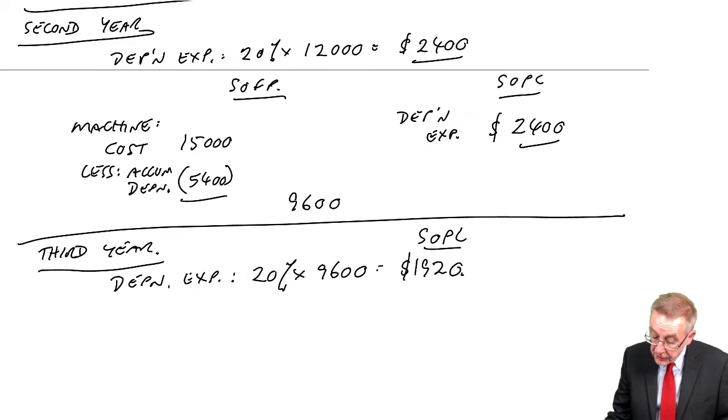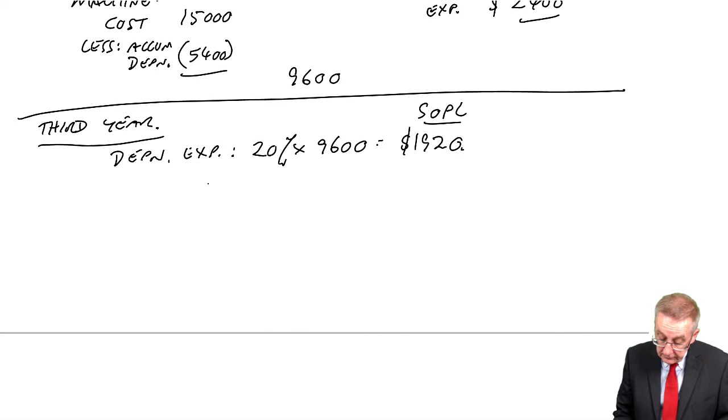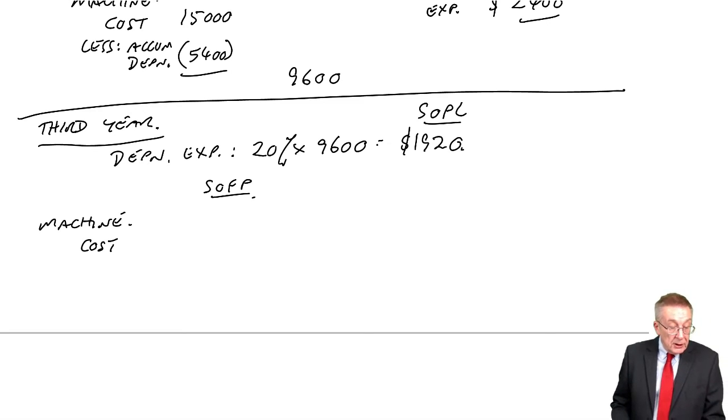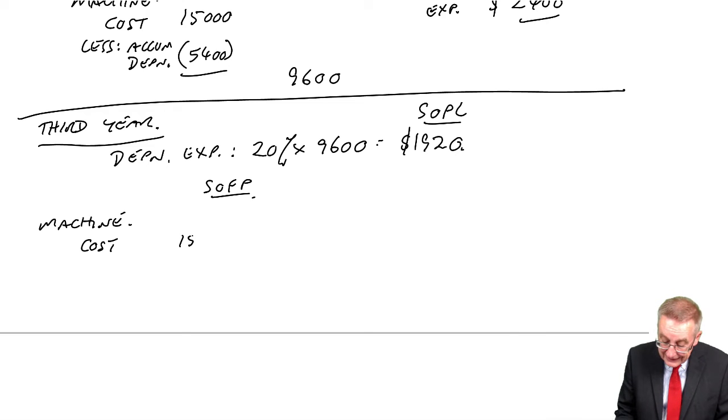Statement of financial position. As always, the original cost must appear, and the original cost was 15,000, less the accumulated depreciation.